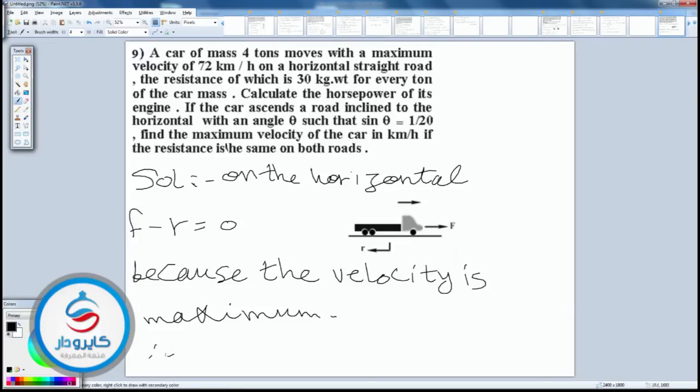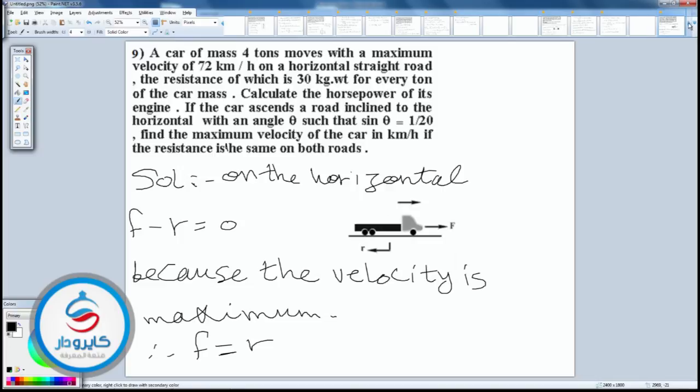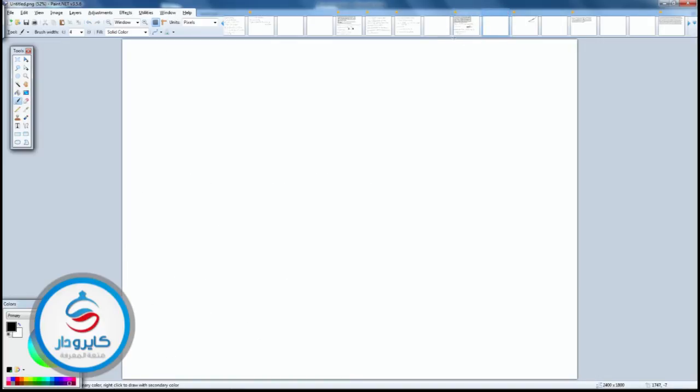Therefore, F equals R. Therefore, F equals 30 by 4 equals 120 kilogram dot weight.